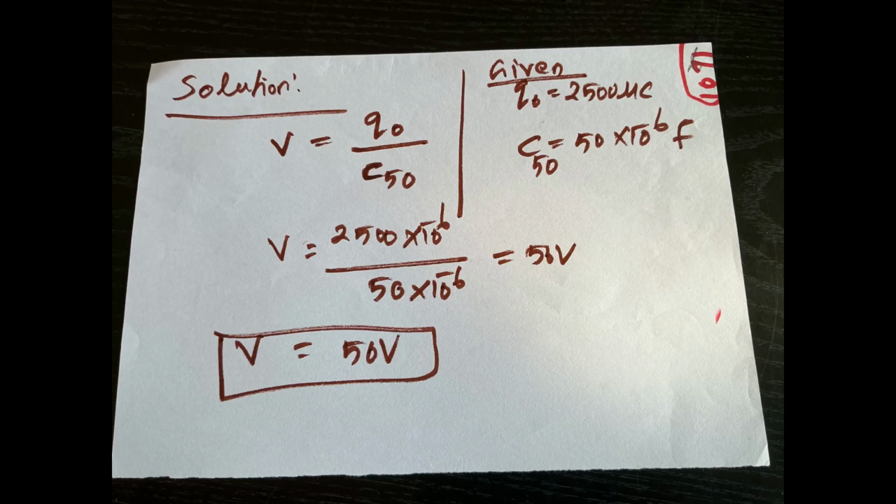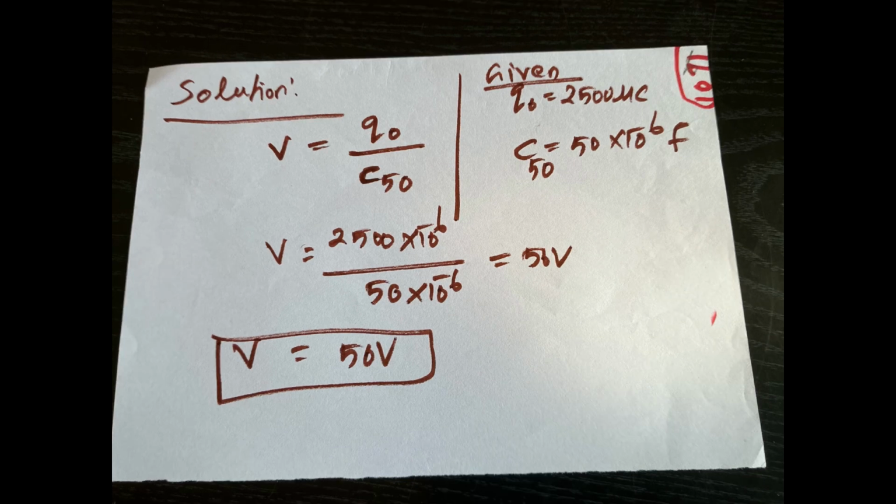We already know the transient response formula of the RC circuit: R i(t) plus 1 by C integral of i(t) dt equals V(t). Applying the Laplace transform to the above equation, we take R I(s) plus 1 by C times I(s) divided by s for the integral, plus Q0 divided by s, equal to V divided by s.